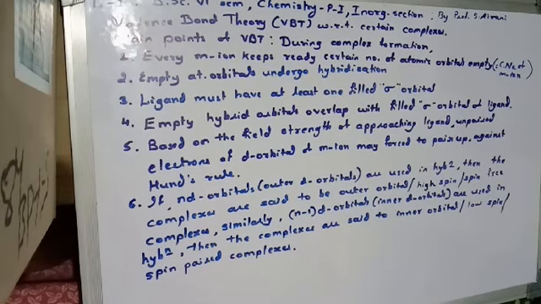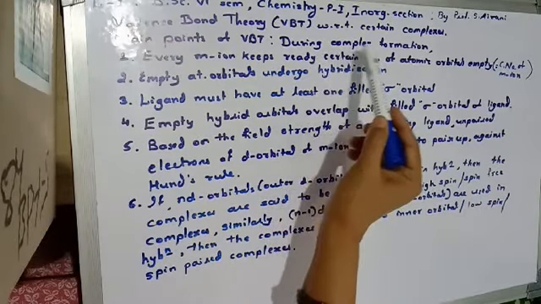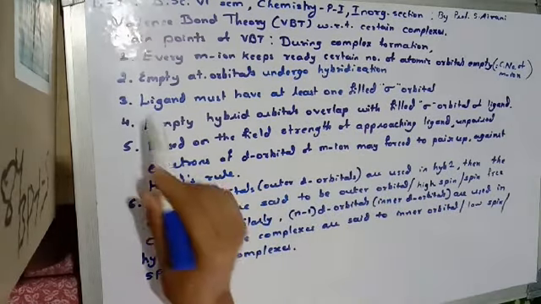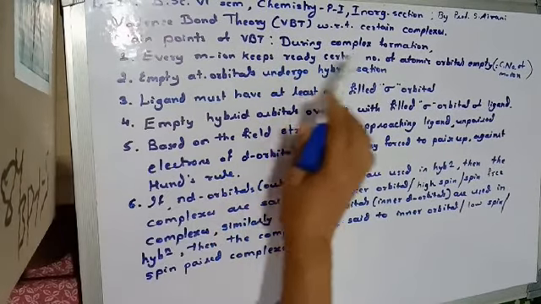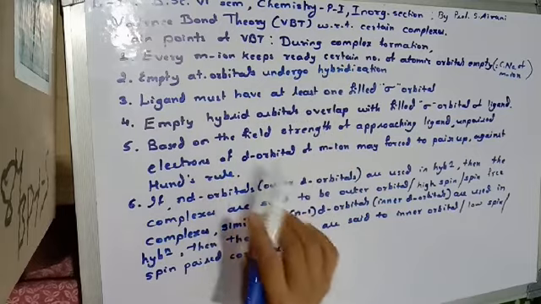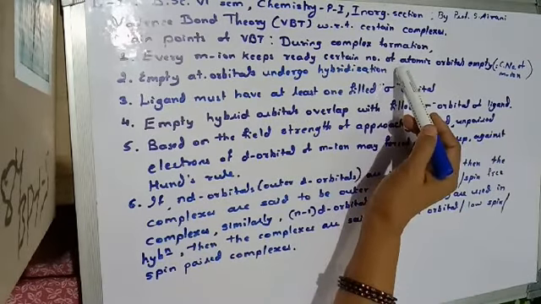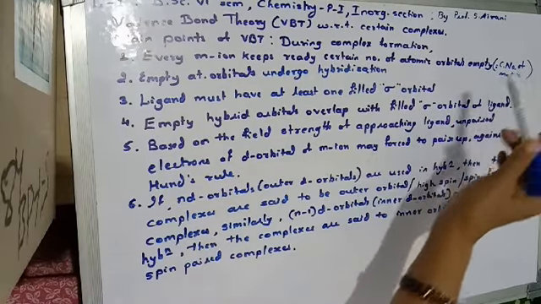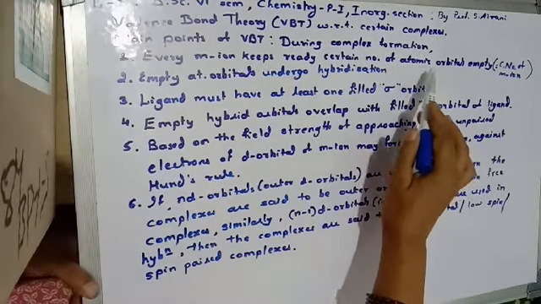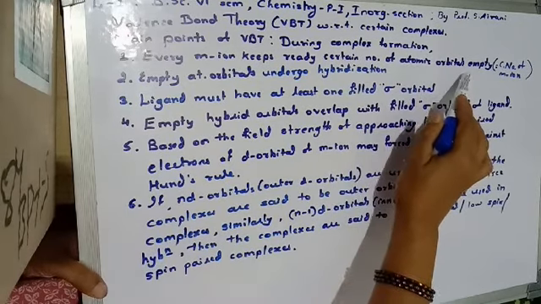Now we'll go through the main points of valence bond theory, which explain complex formation. First point: every metal ion keeps ready a certain number of atomic orbitals, equal to the coordination number of the metal ion, so it keeps that many atomic orbitals empty.